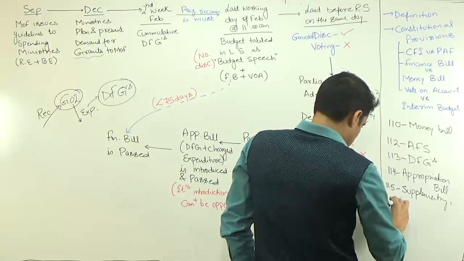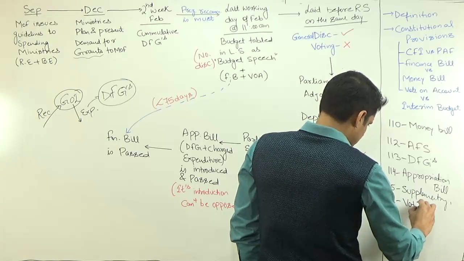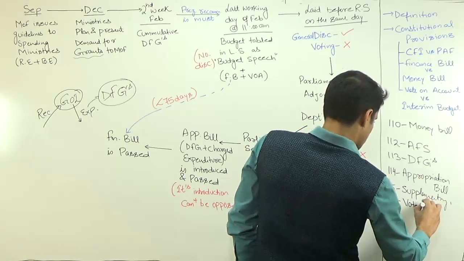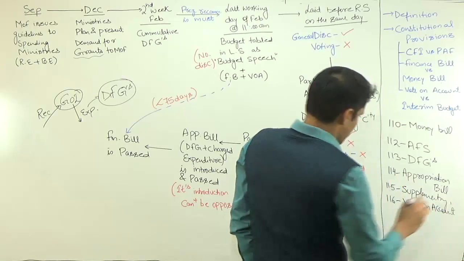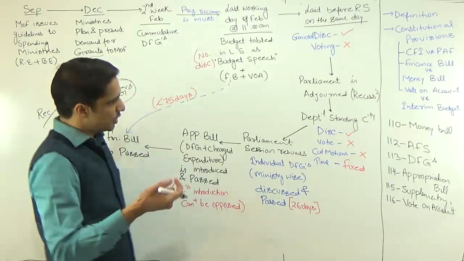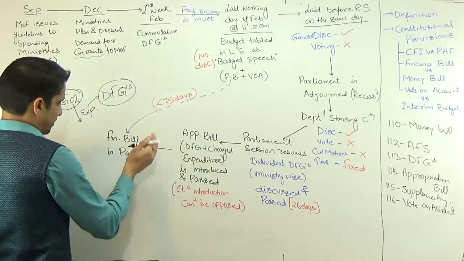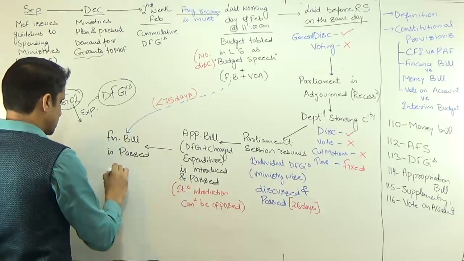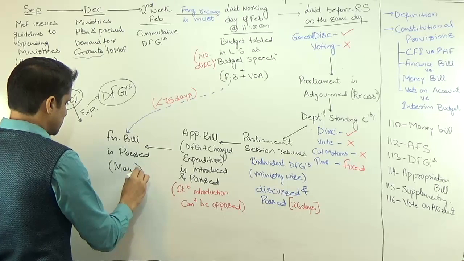Then we have 116. 116 is nothing but vote on account. It is just for the introduction purpose, because this budget is being passed when the finance bill is passed, we say the budget is passed. It is being done by May 2016.